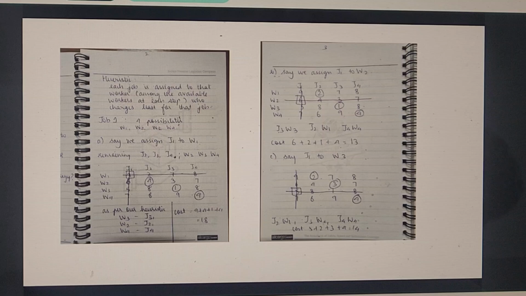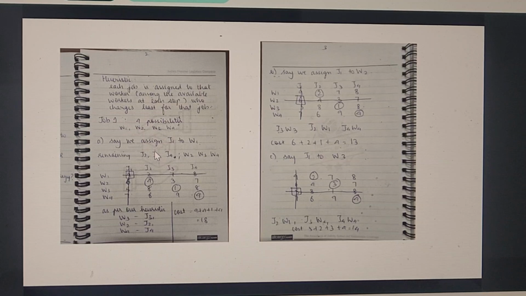Or assuming I have not taken object A, what is the maximum profit I can make using any combination of the remaining items? Similarly here, assuming we have assigned job 1 to worker 1, what is the minimum cost I will incur using any assignment of the remaining 3 jobs to the remaining workers? Assuming I have assigned job 1 to worker 2, what is the minimum cost for any assignment of 3 jobs to 3 workers, and so on and so forth. That is what your heuristic function physically signifies.